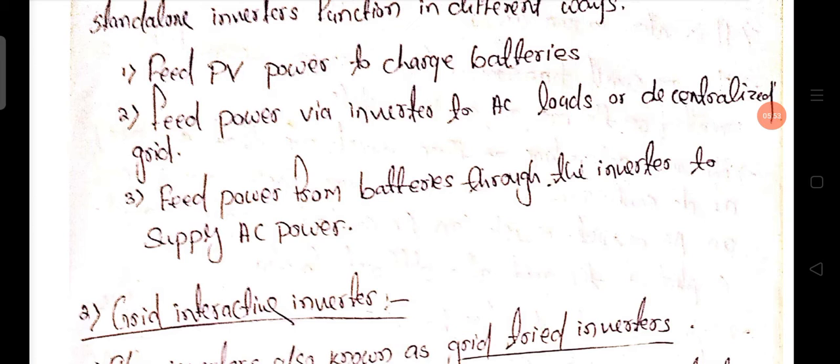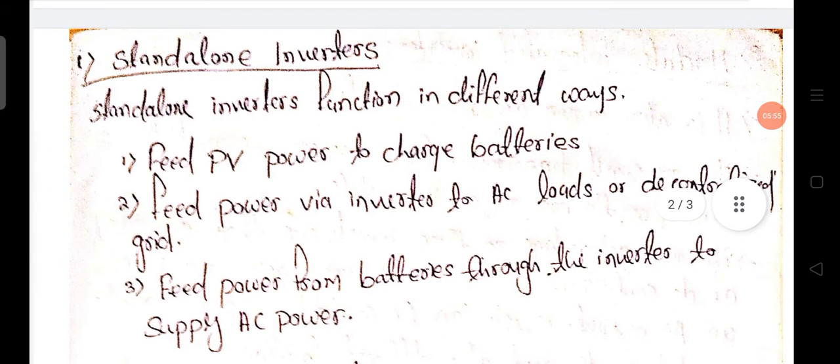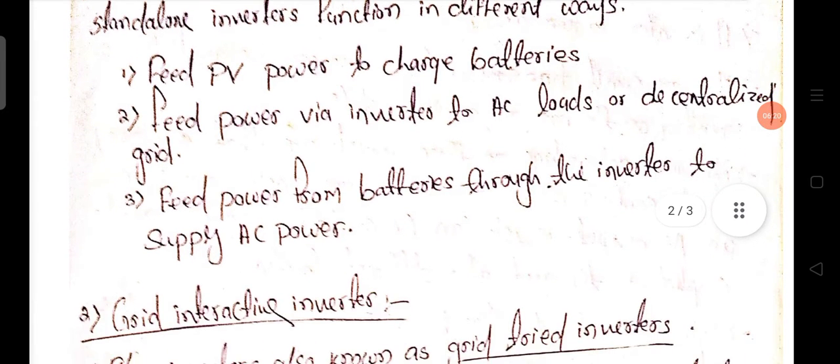In this manner, the standalone inverter is different from a general inverter. A general inverter only converts battery DC to AC supply and feeds it to domestic or home use, only. But the standalone inverter functions differently.